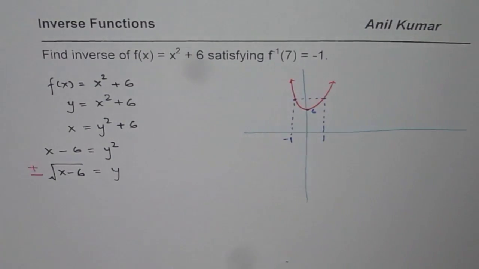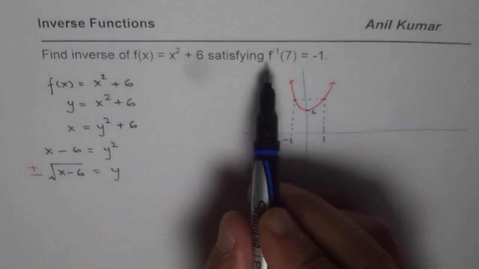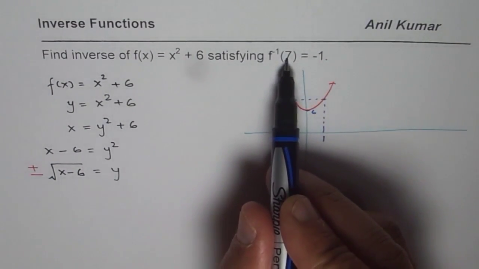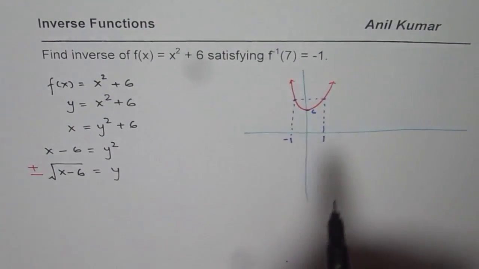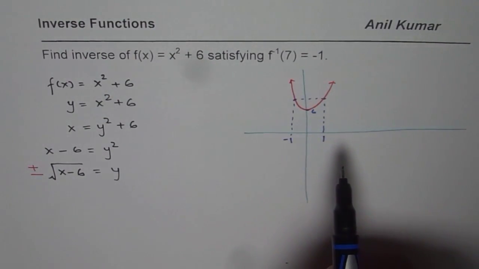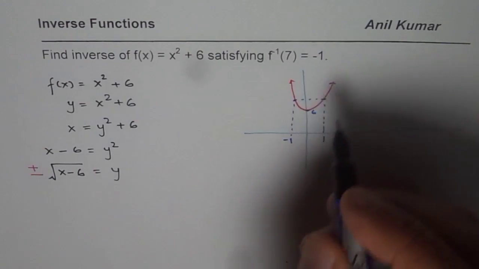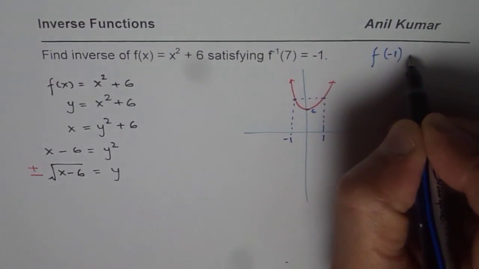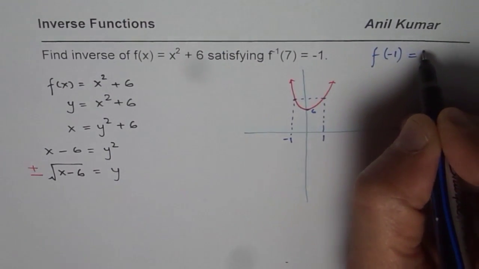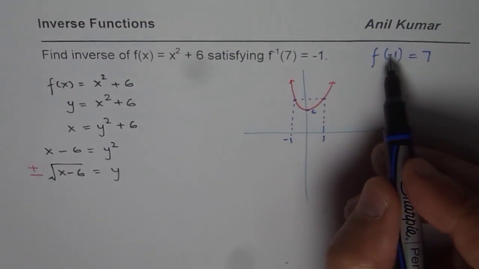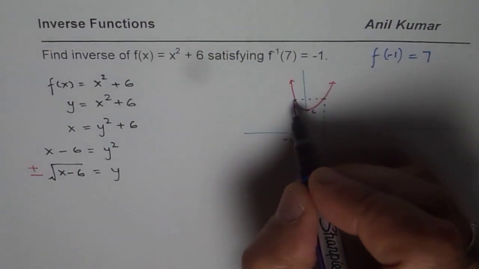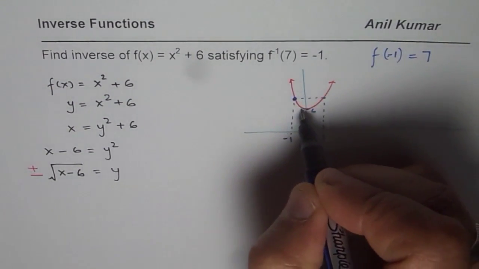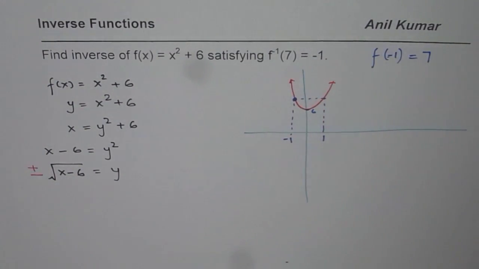Because this is symmetrical. Now if I say f inverse of 7 is minus 1, what does that mean? It means that for the function itself, the value at minus 1 should be equal to 7. That means we are looking into this half of the parabola, right?